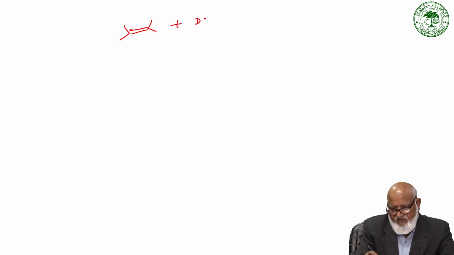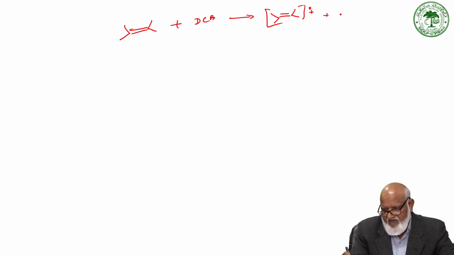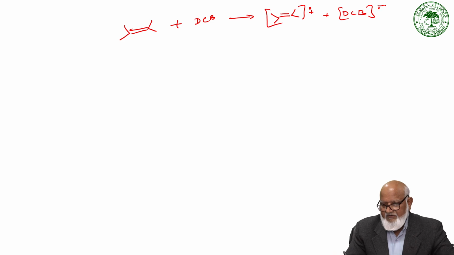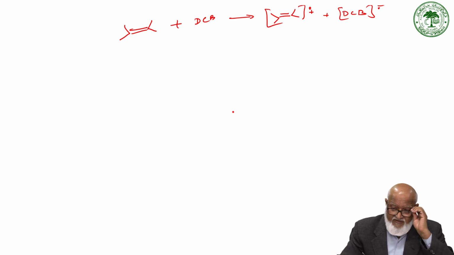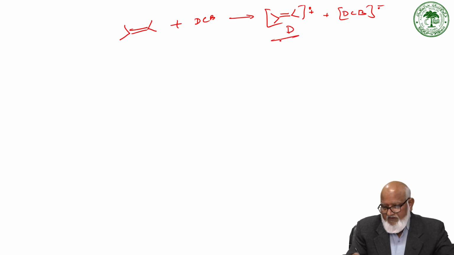Say we have an alkene that acts as a donor, and dicyanobenzene is an electron acceptor. So we generate the alkene radical cation plus dicyanobenzene as a radical anion.